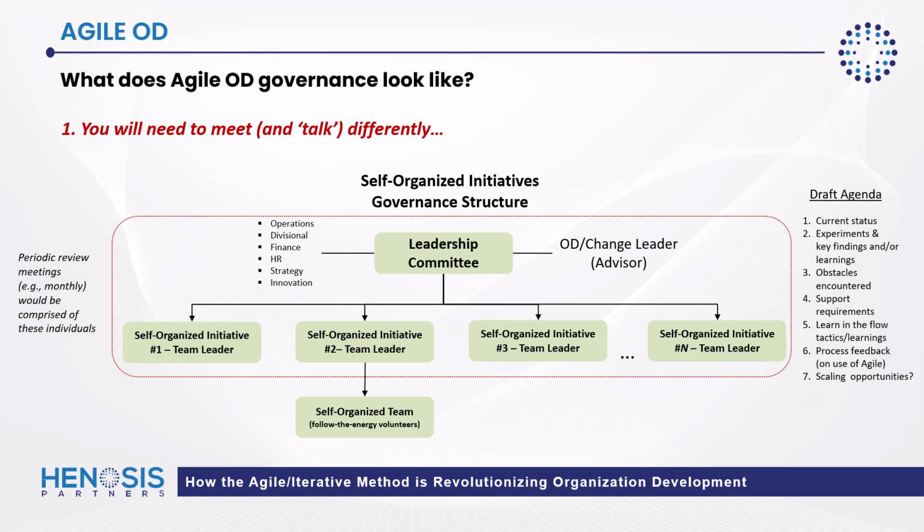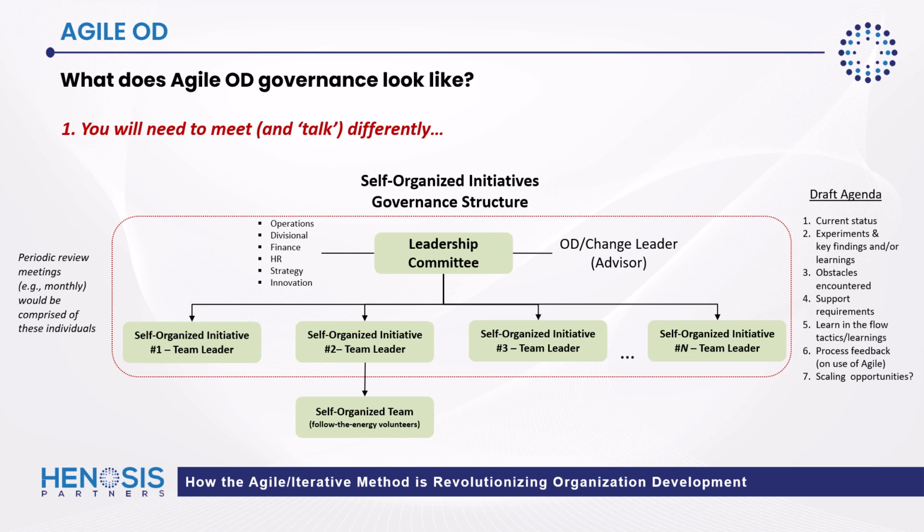The team leaders would share their current status on their self-organized initiative. They would share what experiments they're conducting and the key findings and learnings that are emerging from those experiments. They're sharing what obstacles they've encountered along the way and the support requirements that they need from leadership to overcome such obstacles.